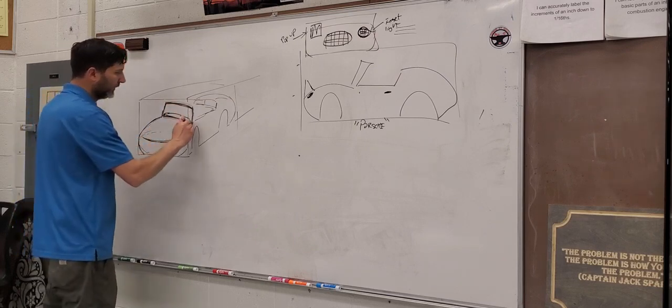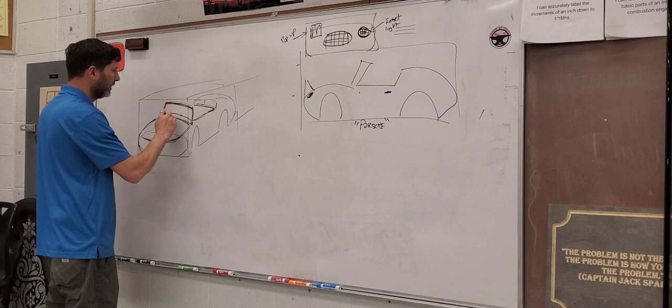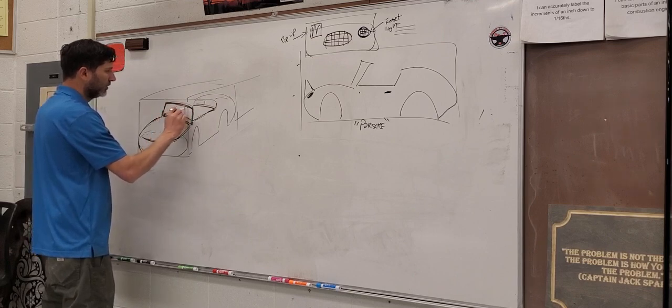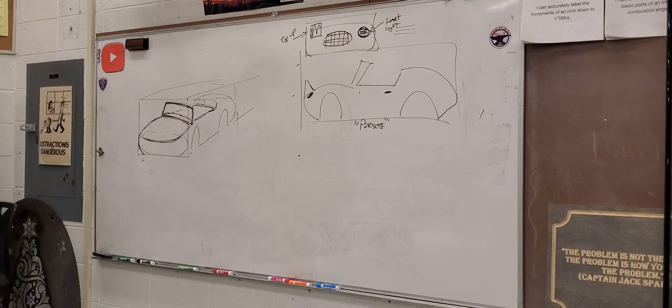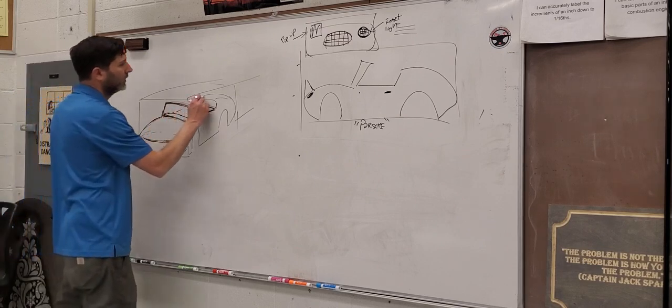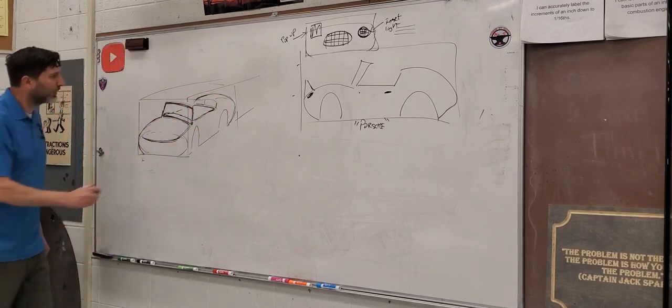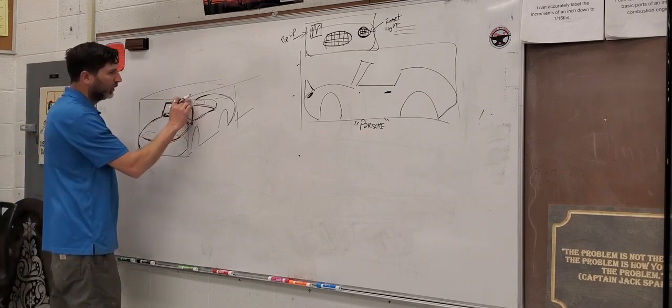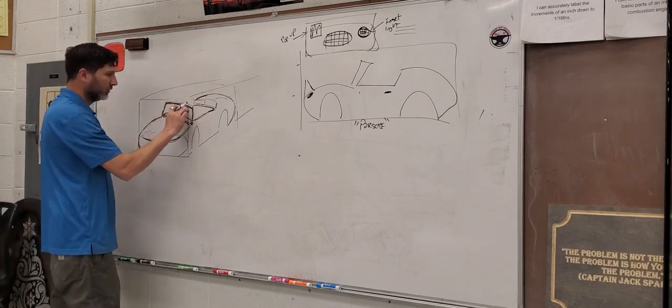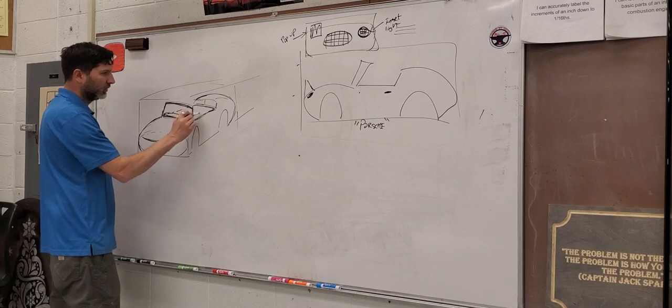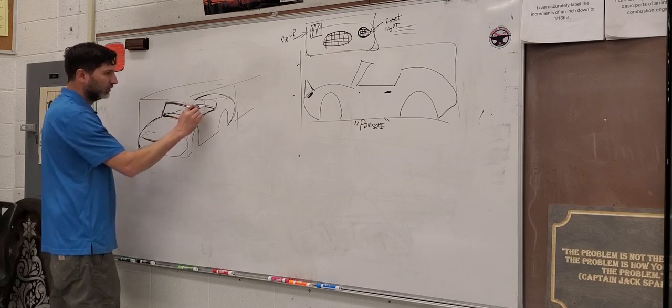Okay. And then we've got our interior back there. Oh, it's gonna need a spoiler on the back, right? What can we put inside here? Yeah, so we could draw a chair.